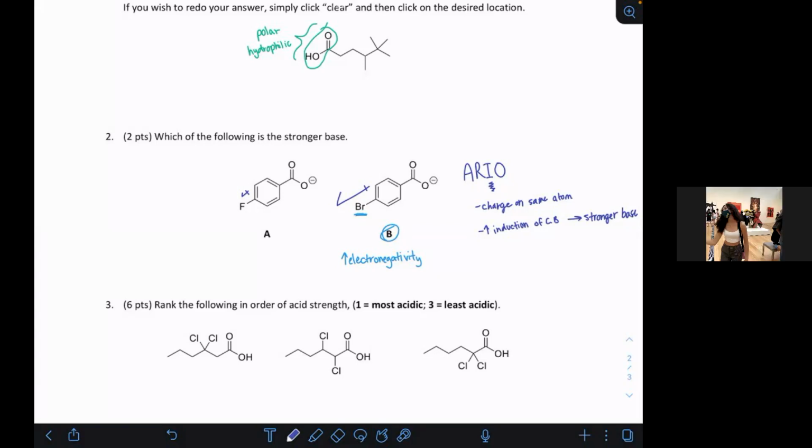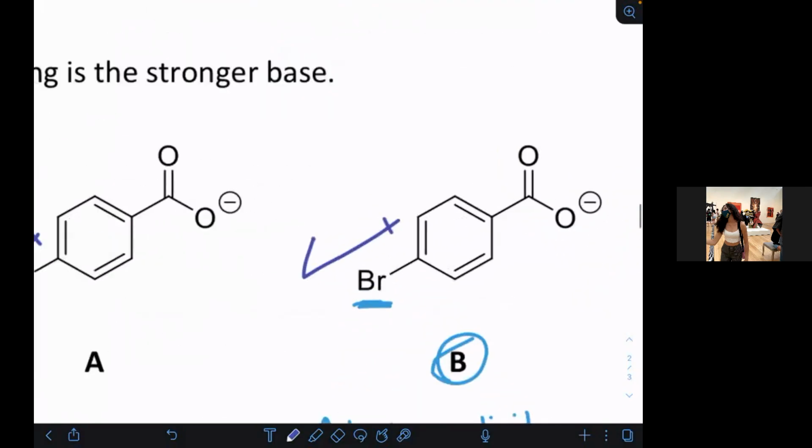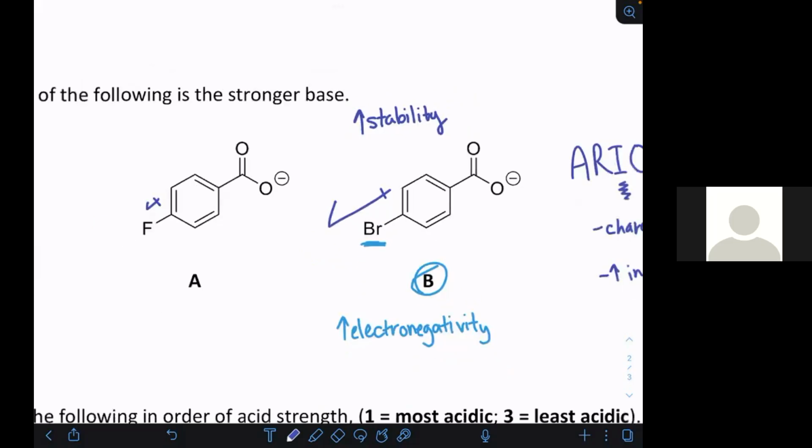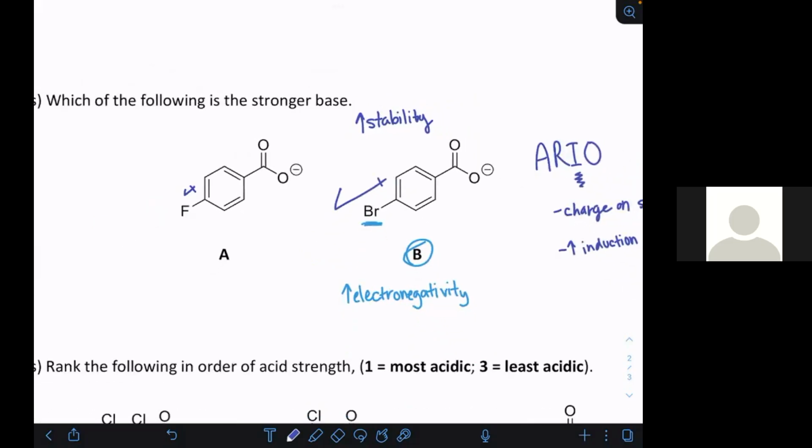I just confused myself thinking about it more, because I thought what happens with induction is that it delocalizes the charge, which makes it more stable. Yeah, the more electronegative it is, the more it delocalizes, because it's going to be pulling more. So it's more stability. Like, the bromine's not pulling away as much as the fluorine from the carboxylate ion.